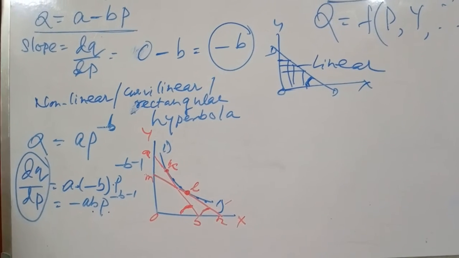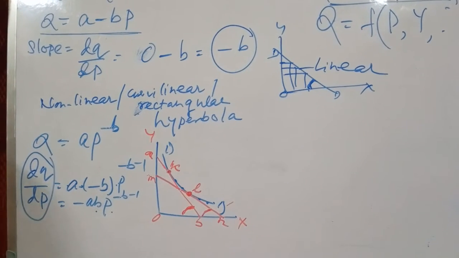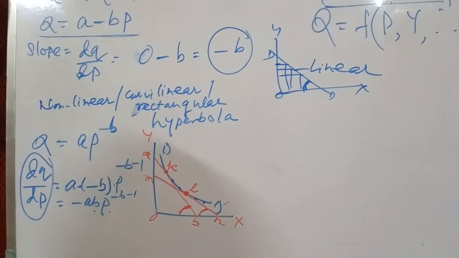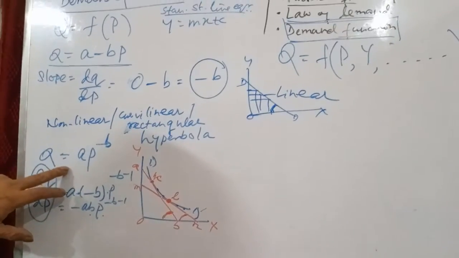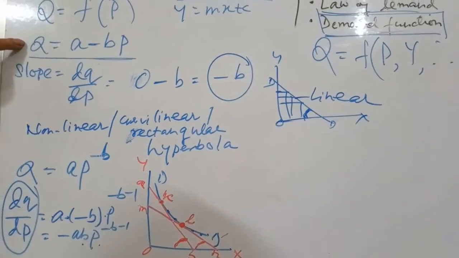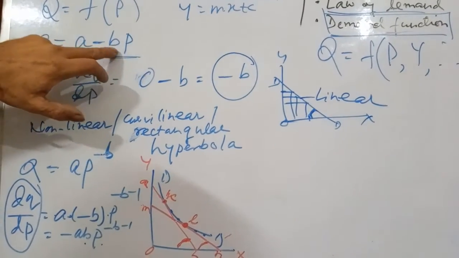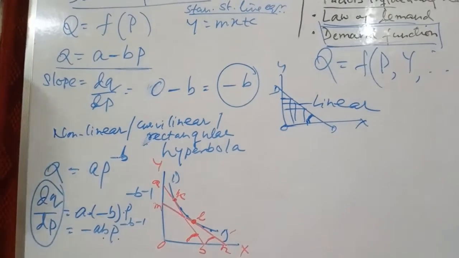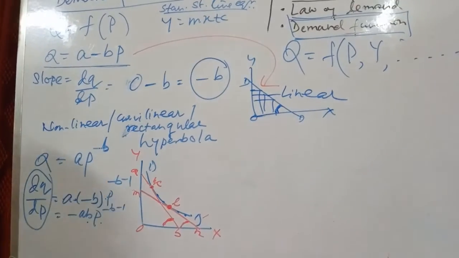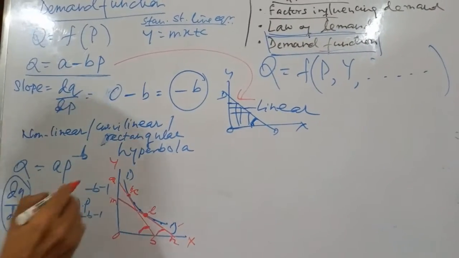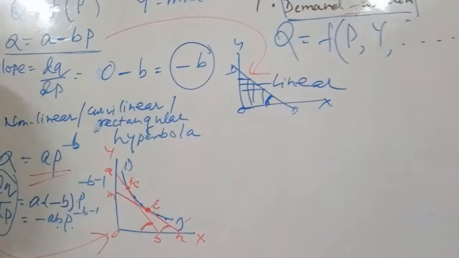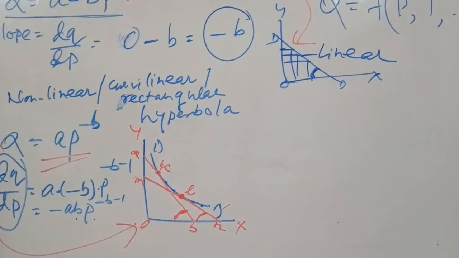So we see that when the demand curve is non-linear or curvilinear, this is the demand function, and in case of linear, this is the demand function: Q equals A minus BP when the demand curve is linear. And when the demand curve is non-linear, we find this is the demand function. Correct?